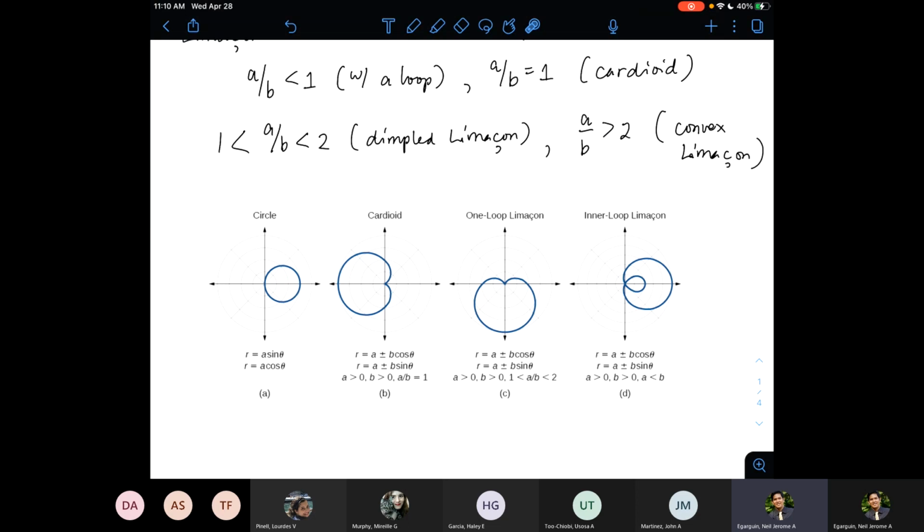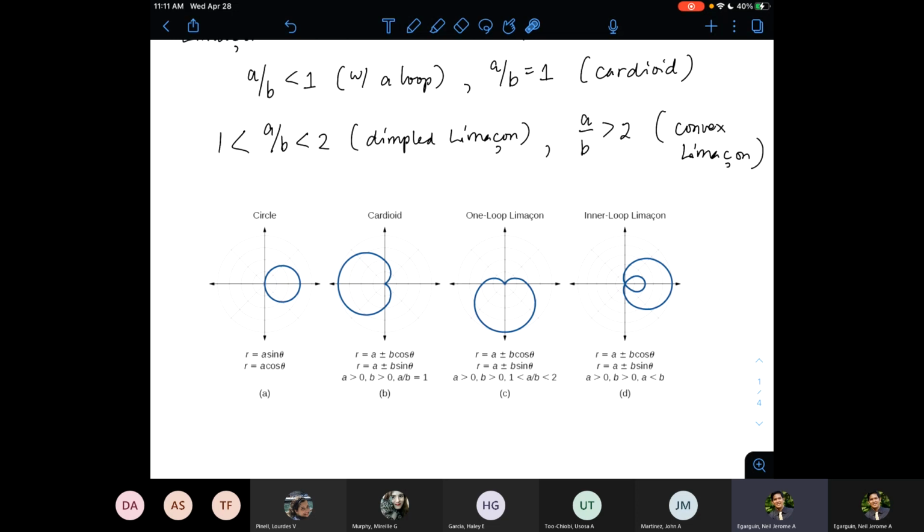When a over b is less than 1, you have a limaçon with a loop. If a over b is equal to 1, you have a cardioid. If a over b is between 1 and 2, you have a dimpled limaçon. And they don't have a convex limaçon, which happens when a over b is greater than 2.